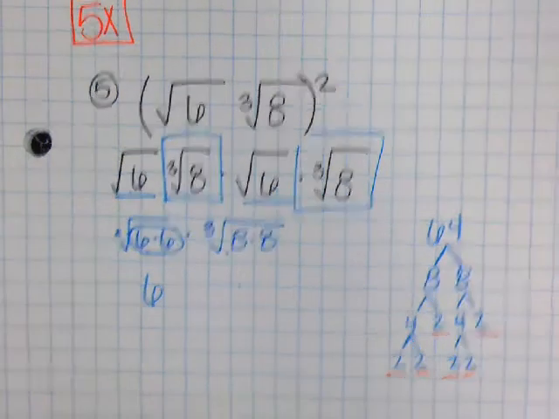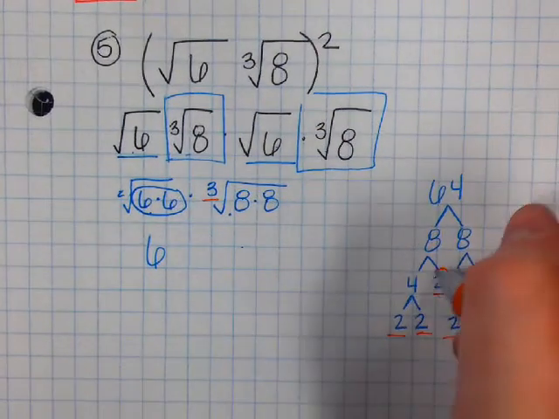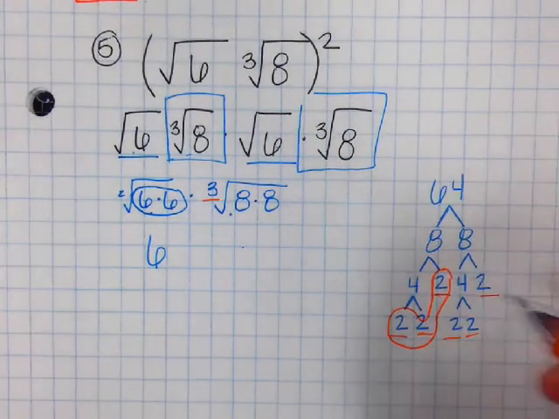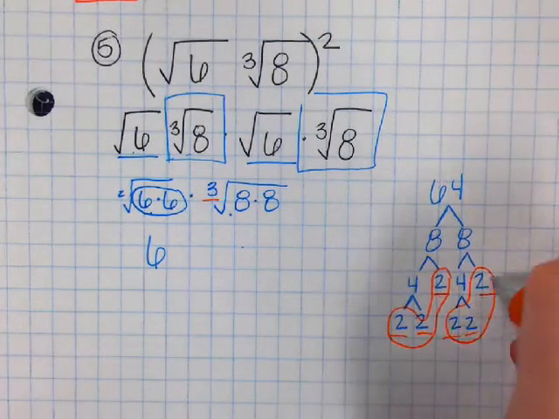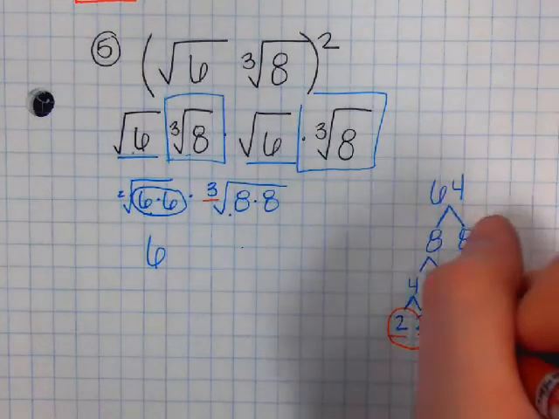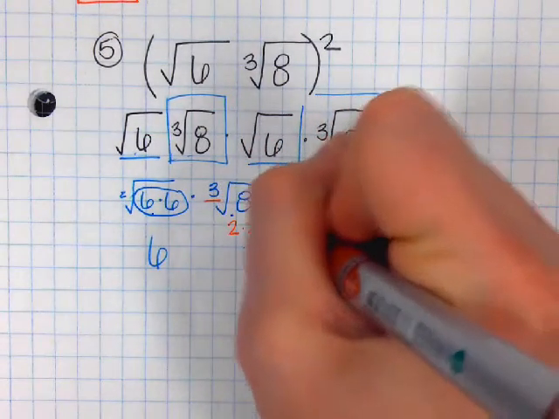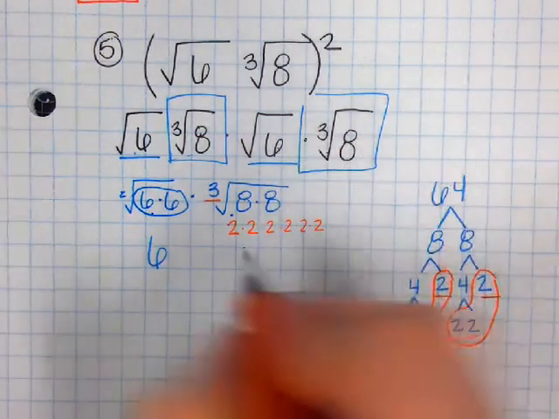Remember, the 4s are not at the ends. Only the 2s are the ends. Okay, it's a cube root, so I'm looking for groups of 3. There's a group of 3, and there's a group of 3. So I have 1, 2, 3, 4, 5, 6.